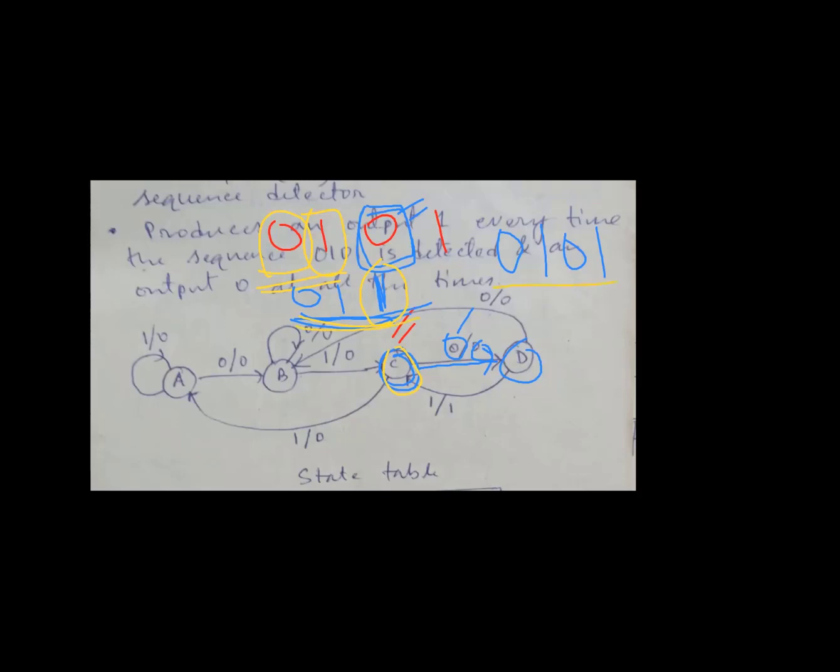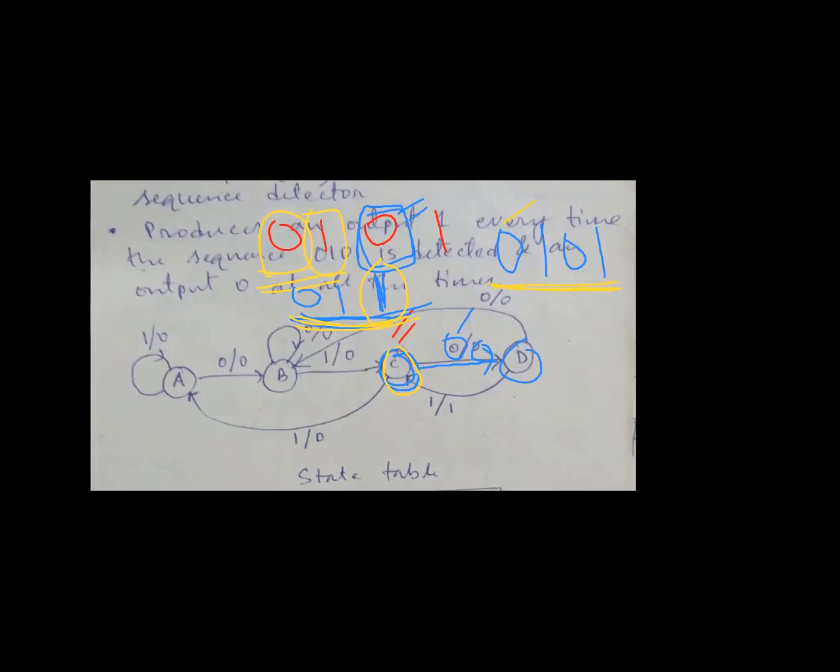That is, when we are over C and we got a 1, we have the sequence 0 1 1. But to get back our sequence, it should again be 0 1 0. That is, we again have to get a 0 to start the sequence again.